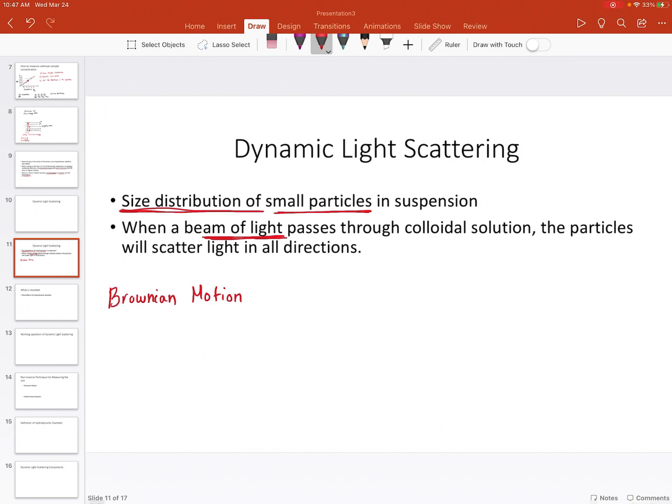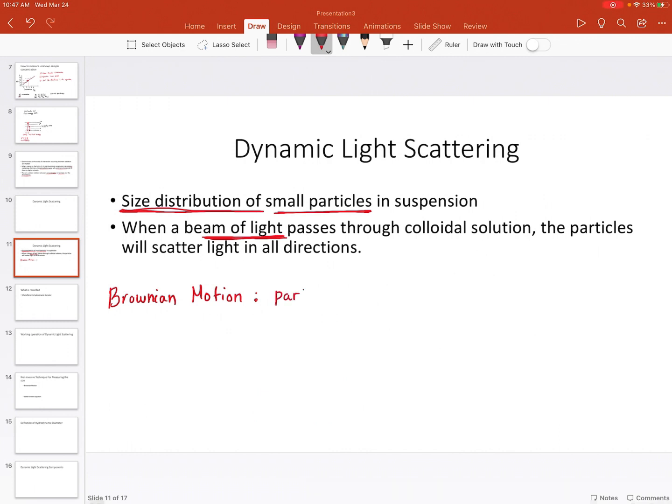They are moving all the time. So small molecules move faster compared to heavier ones. And that is the basic fundamental that is used in this instrument to measure the size distribution.